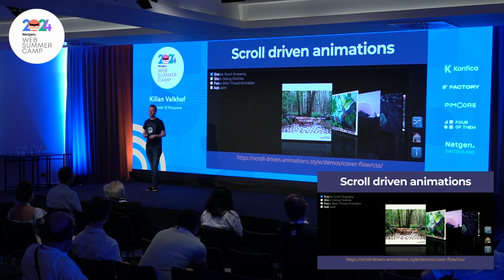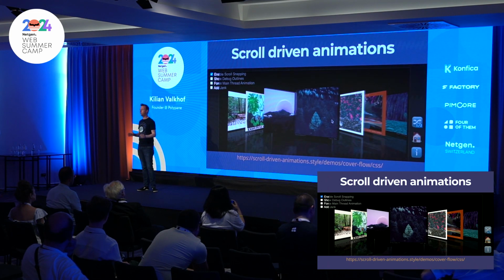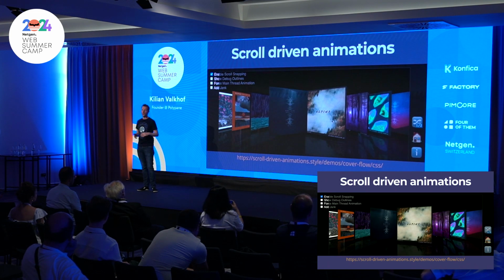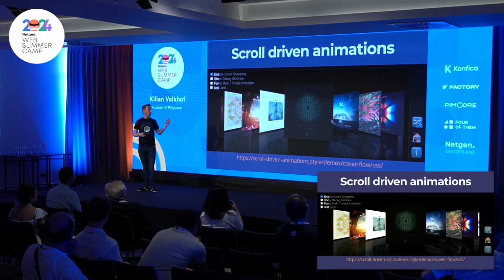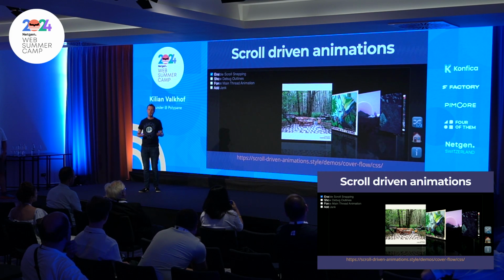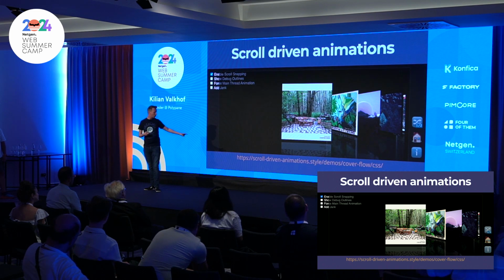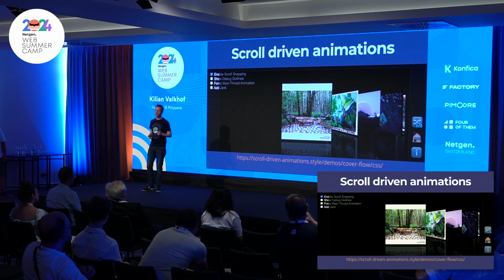And that allows you to do stuff like this, where all of this is purely declarative CSS. As you scroll, each of these elements listens to the scroll position and adds some CSS, adds some transform, etc. So right now it's available just in Chromium, but you can go to scroll-driven-animations.style for cool demos and more information.